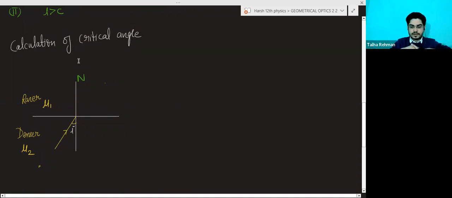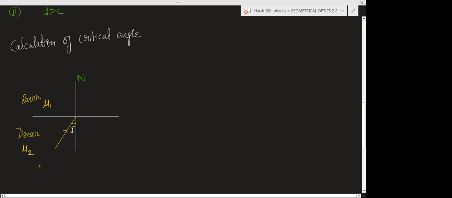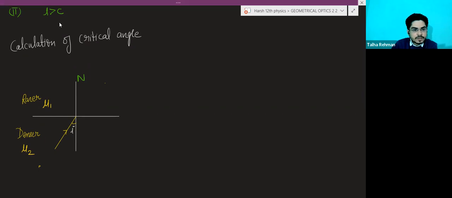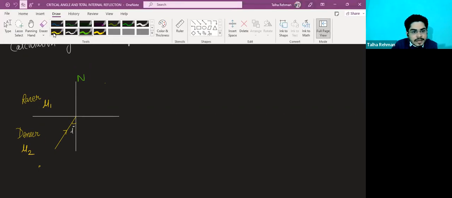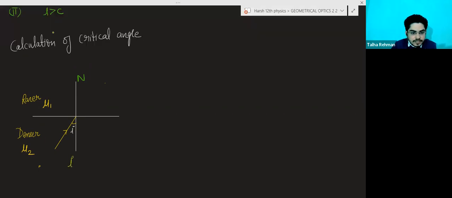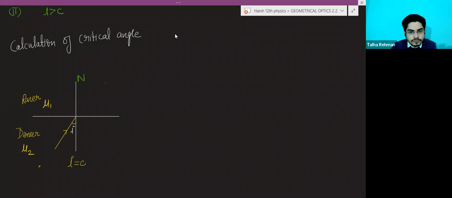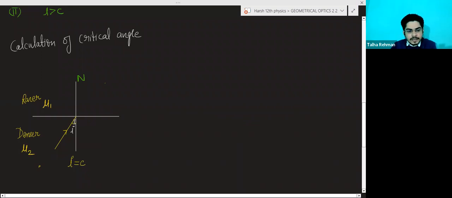Light is going from denser to rarer medium. If this angle of incidence I is equal to the critical angle, then what can we say?